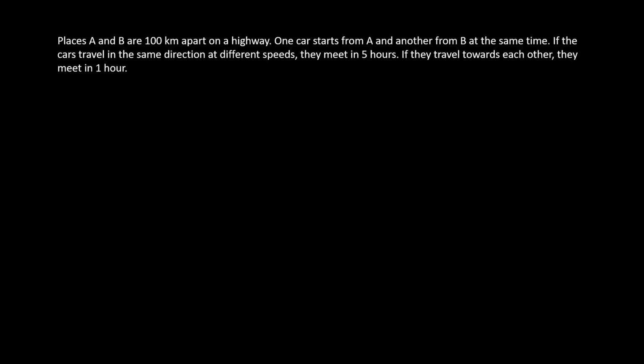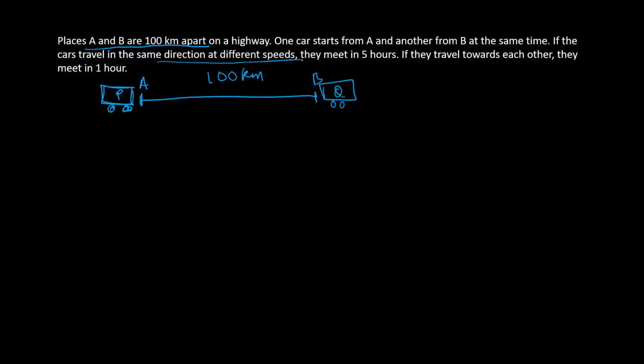Okay, now let us do the second question, which says places A and B are 100 km apart. So there we have A and B, which are 100 km apart. And there are 2 cars, one at each place. Let us call them P and Q. These 2 cars travel from these 2 points in the same direction at different speeds.